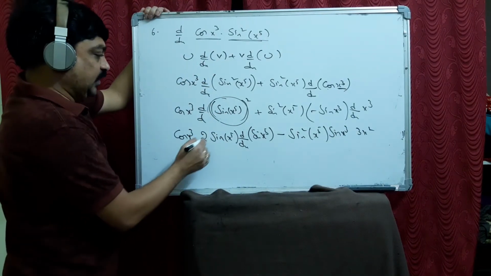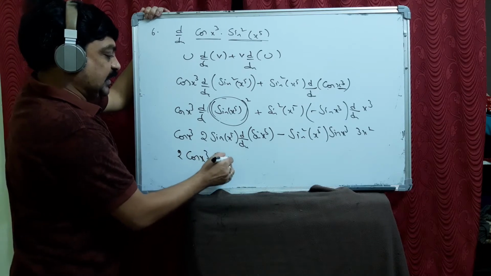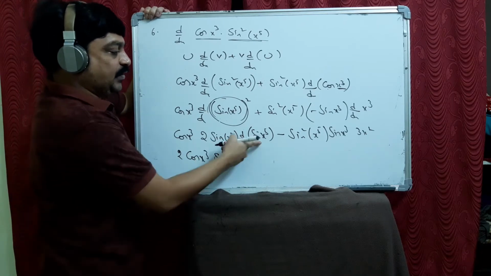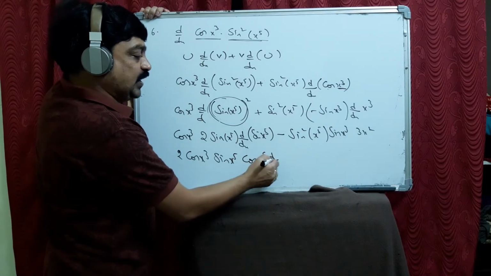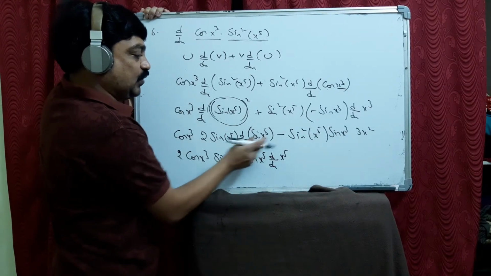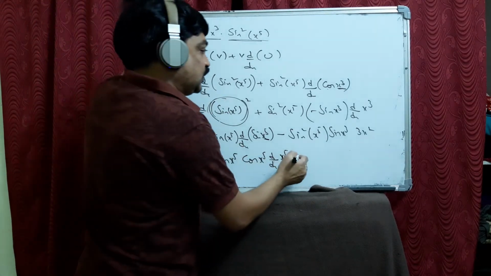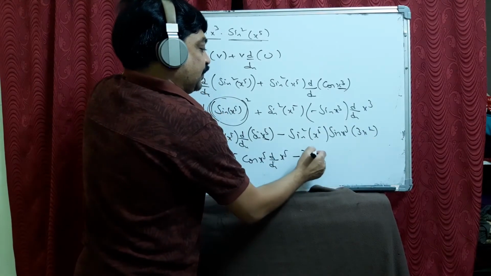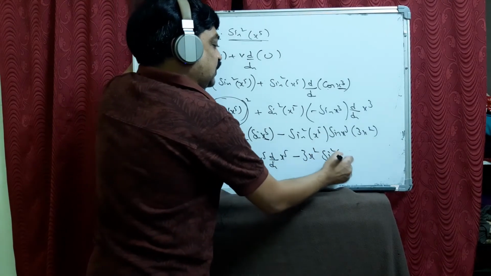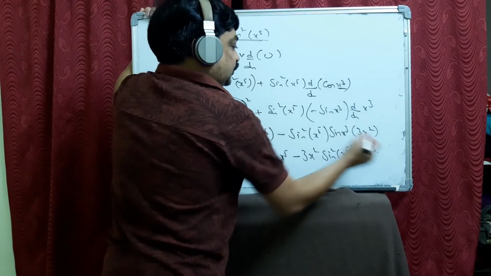Now look here again. It becomes 2 cos x cube sin x power 5, and derivative of sin x power 5 becomes cos x power 5 into d by dx of x power 5, because we take this as x here. This is the chain rule. So minus, whenever you have something like this, you write that in front: 3x square sin square x power 5 sin x cube.